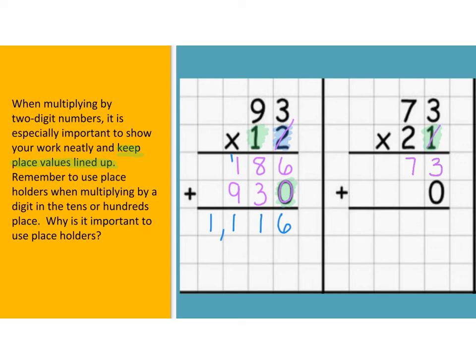Now I'm going to cross out the number on bottom in my ones place and move on to the number in the tens place. First, I have the placeholder of 0, and now I'm ready to multiply. 2 times 3 is 6. 2 times 7 is 14.